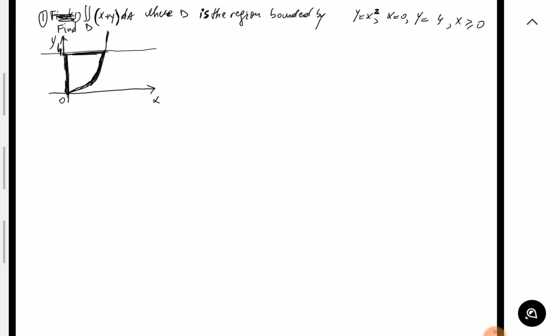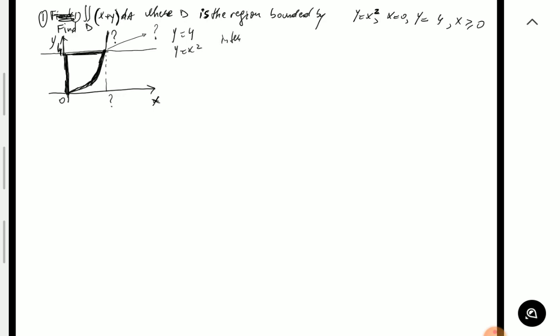Notice right off the bat that the intersection point here is probably important. Why is it important? Well, what if I wanted the bounds for x? What if I want to integrate with respect to x on the outside? I'm going to need to find those bounds, which means that I need to find the intersection point between the curve y equals 4 and y equals x squared.